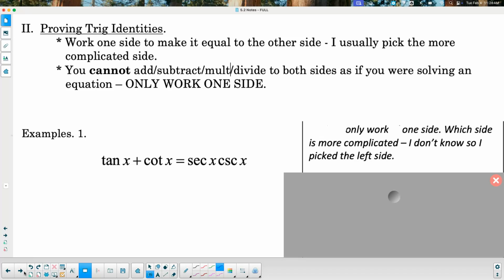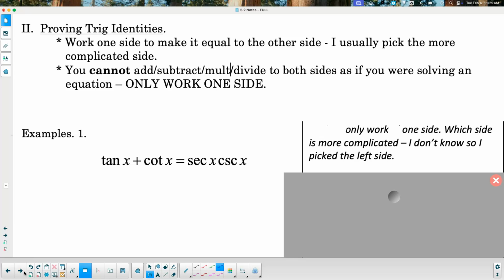So one of these sides is going to be the problem. The other side is going to be the answer. So you're either going to take the left side and use all of your identities, use all of your mathematical knowledge, and make it look like the right side, or you're going to do that to the right side to make it look like the left side. Which one of these sides looks more complicated?